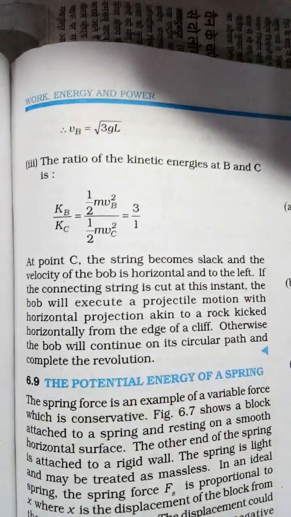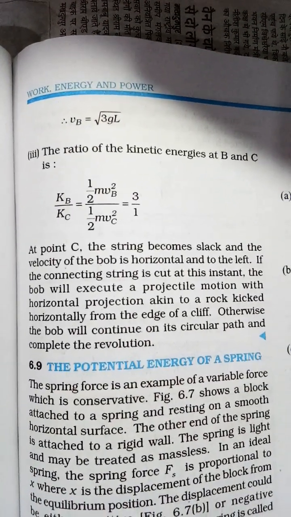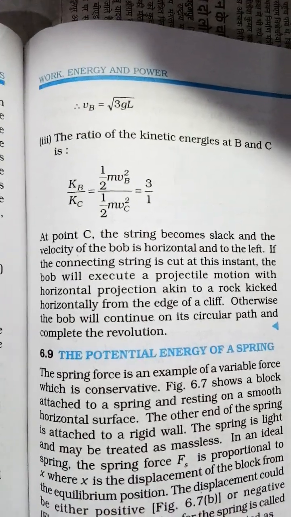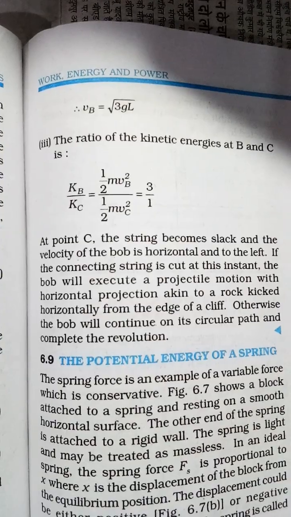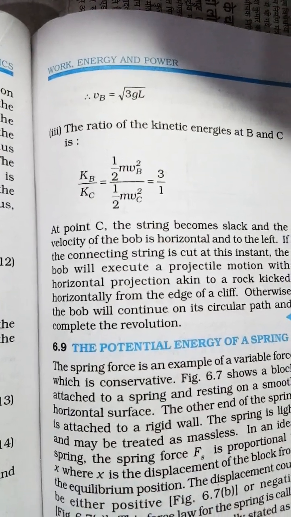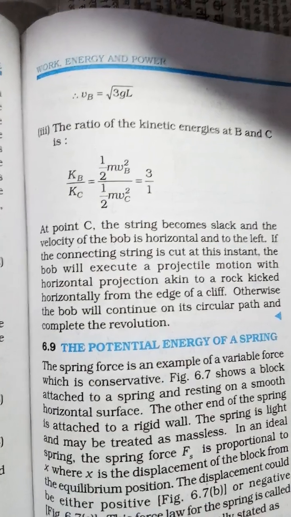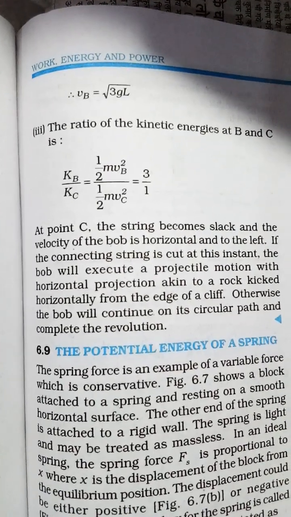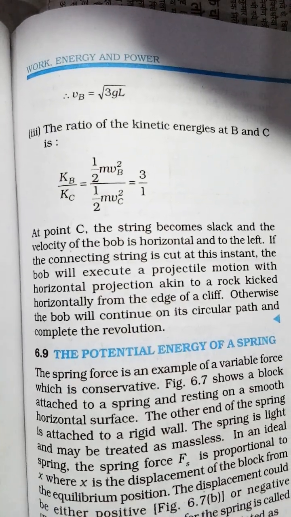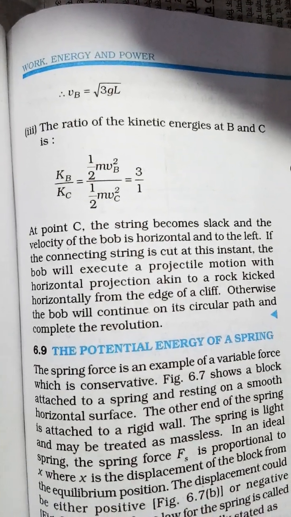So at point C, the string becomes slack and the velocity of the bob is horizontal, and to the left, if the connecting string is cut at this instant, the bob will execute projectile motion with horizontal projection akin to a rock kicked horizontally from the edge of a cliff. Otherwise, the bob will continue on its circular path and complete the revolution.